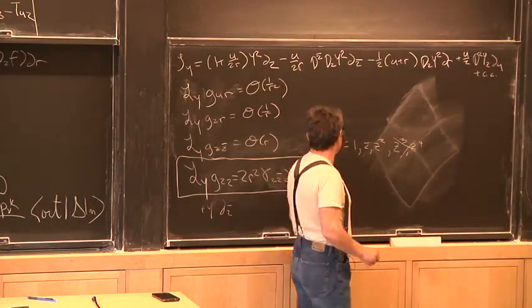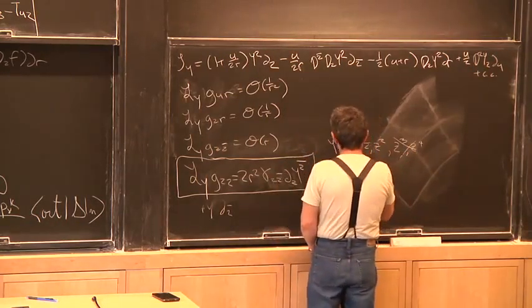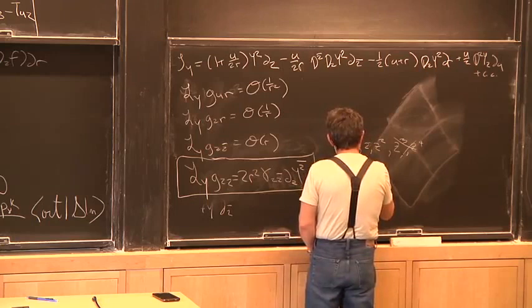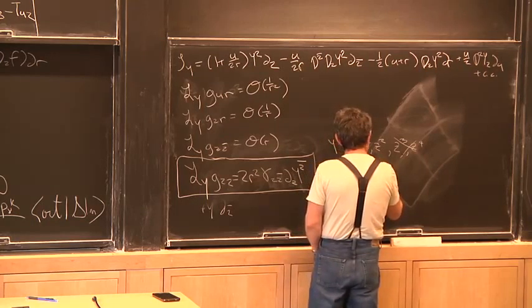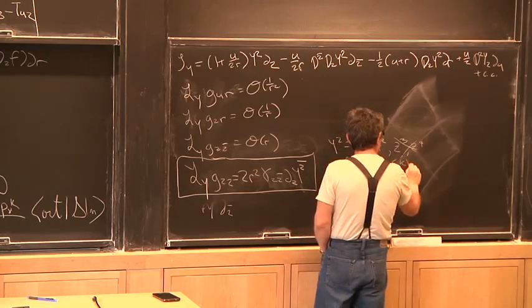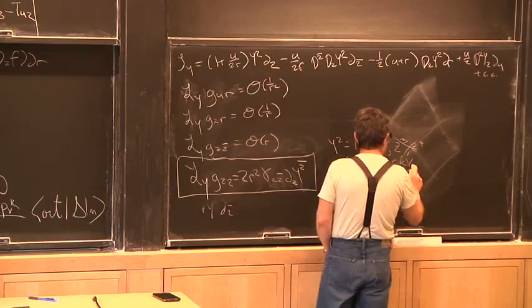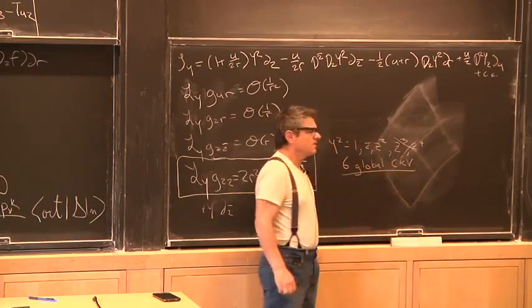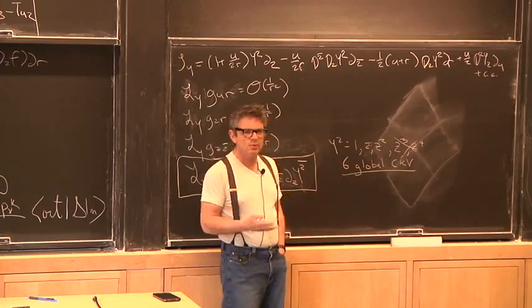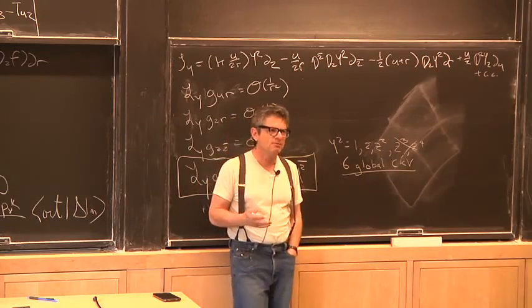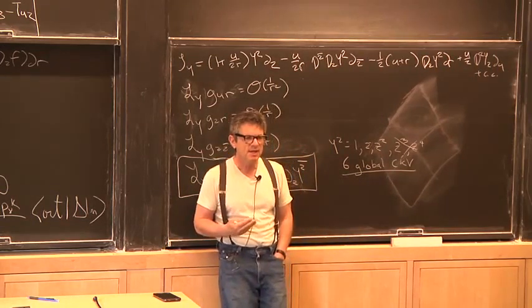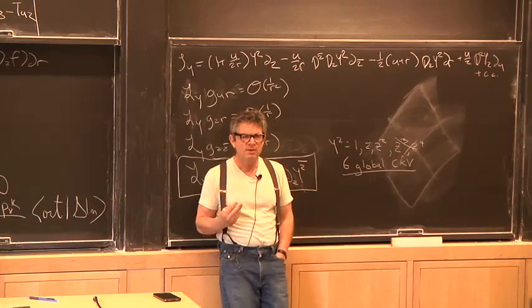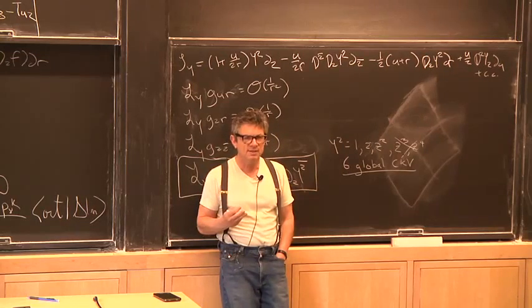So these are what are called the 6 global conformal Killing vectors. And so that's what they said: we only want to consider diffeomorphisms which are finite at infinity, and so we're going to throw all of these guys out.